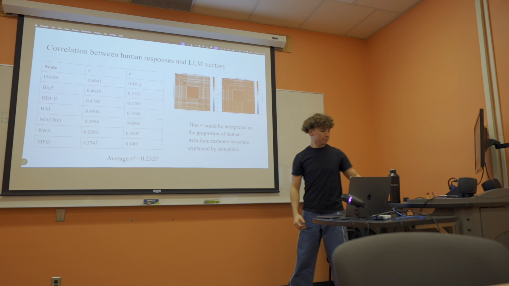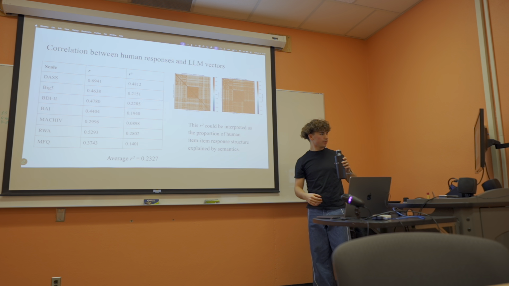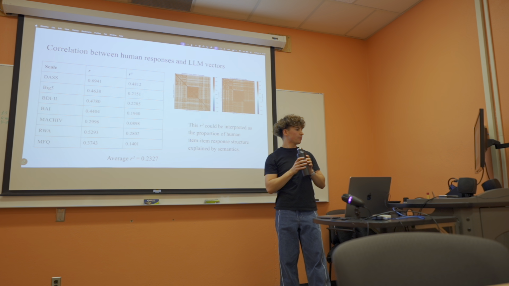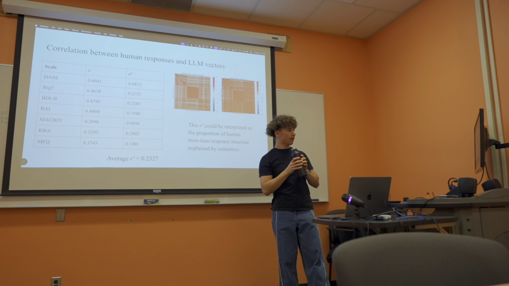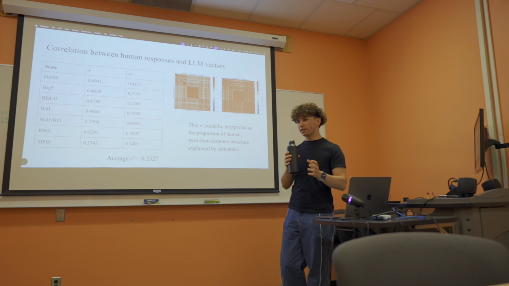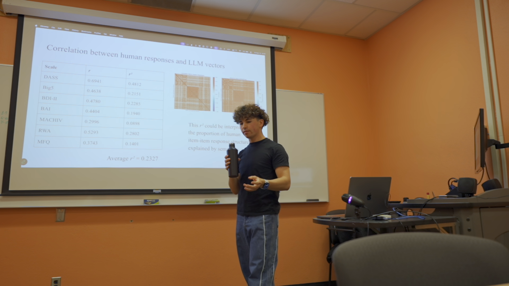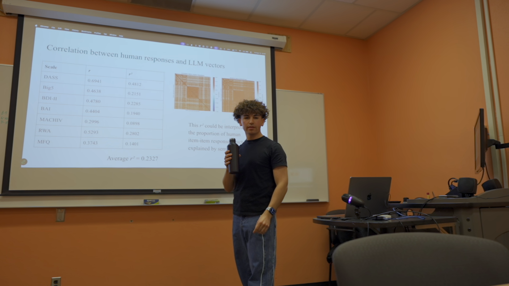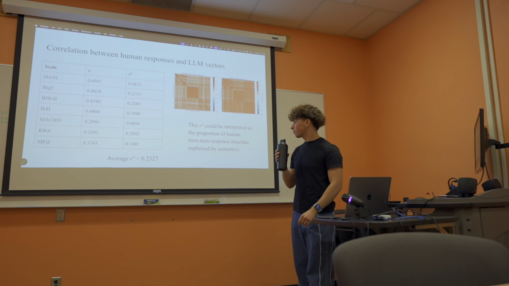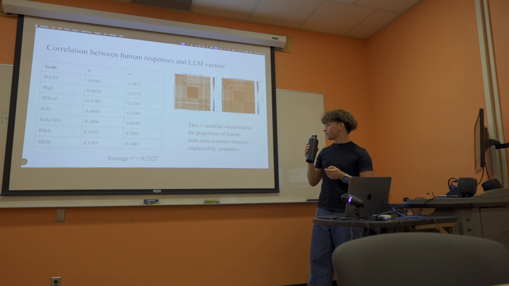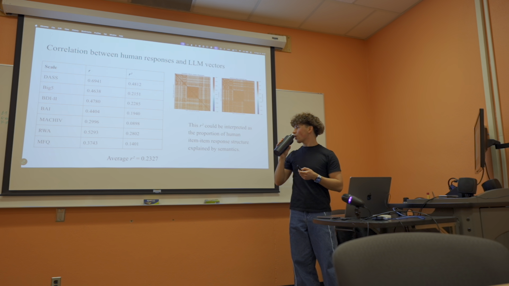R squared could be thought of as the proportion of human item response structure explained by semantics, because the model only contains the semantic information of each item of each scale, whereas the human data contains other things like response biases and other factors. So 0.23 is all right.